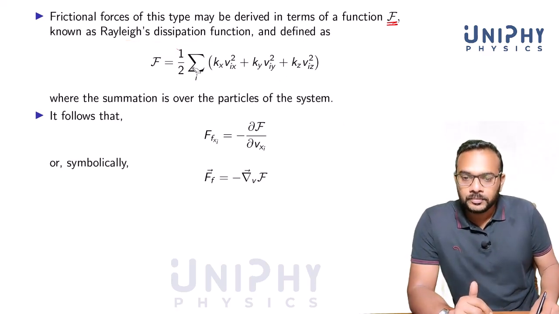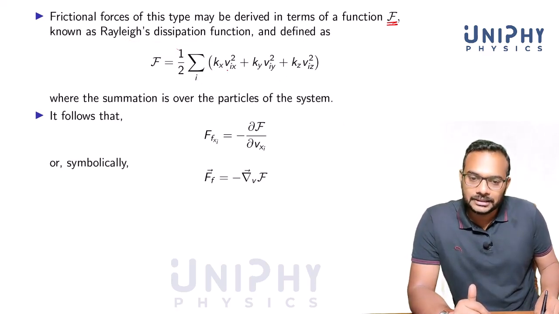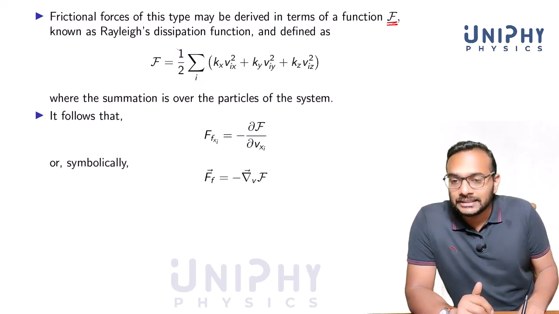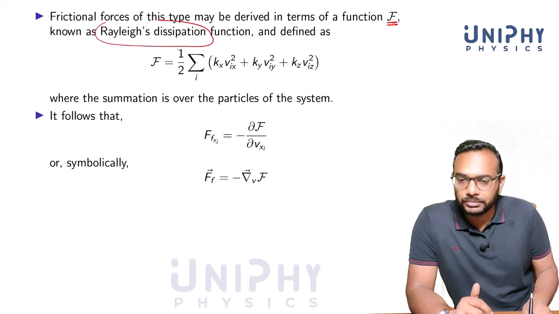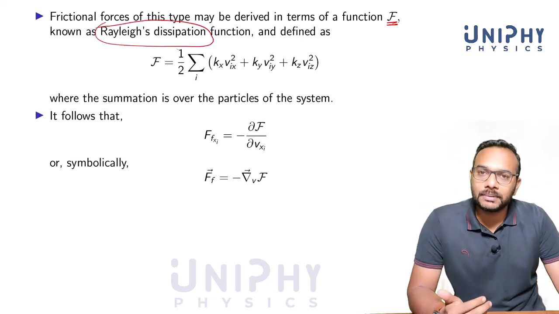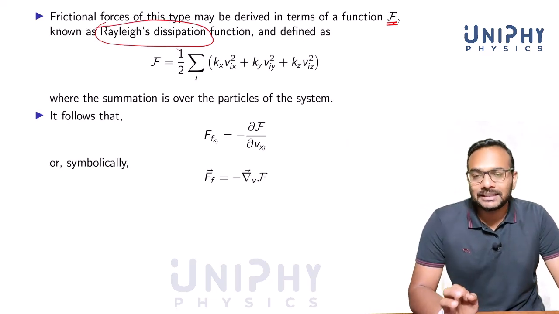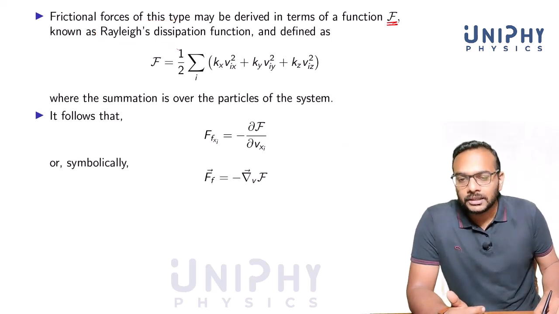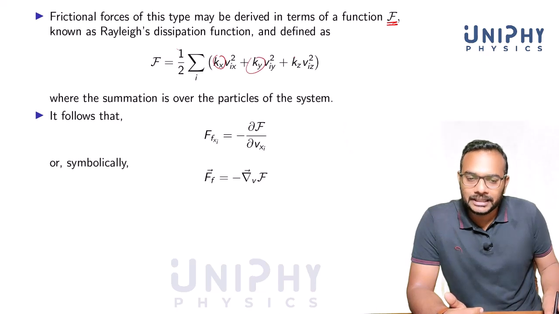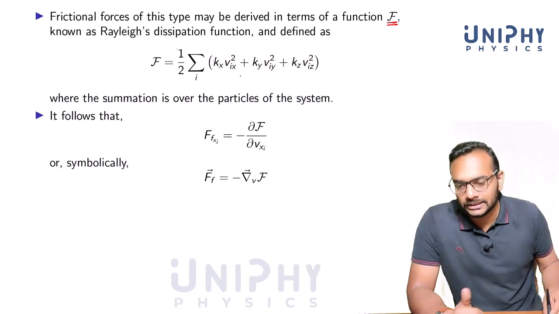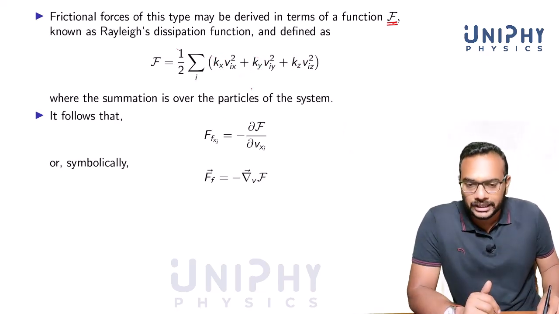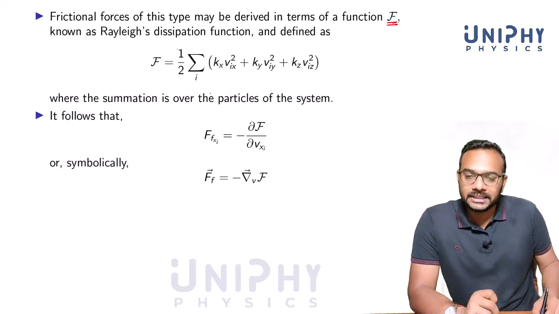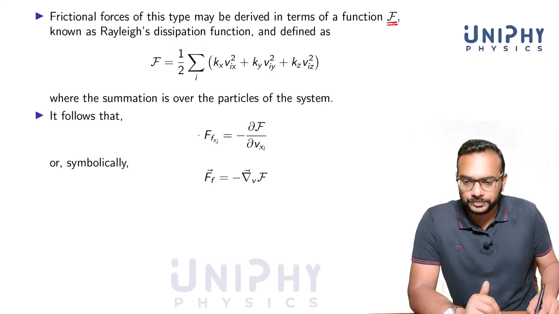This is for the ith particle, and you sum over i to get the Rayleigh's dissipation function. It has a simple form. In a general case, these coefficients kx, ky and kz could be different. It could be the same in all directions, or it could be different. This is the general form of the Rayleigh dissipation function. And remember, there's a 1 by 2 here.